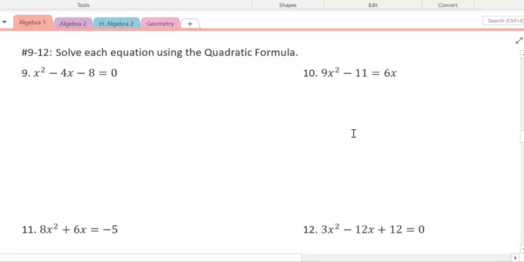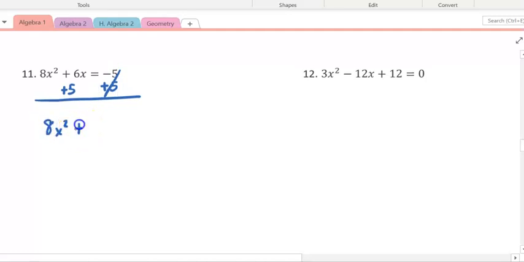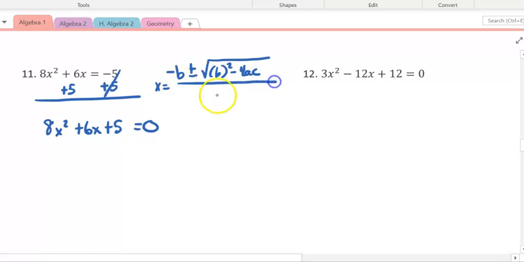So let's see here. How about I go ahead and do number 11 with you? So remember that it must be equal to 0 before you begin. So I'm going to add the 5 over, so I get 8x squared plus 6x plus 5 equals 0. All right, and so we have our quadratic formula, and then we're just going to identify what A, B, and C are and plug them in.